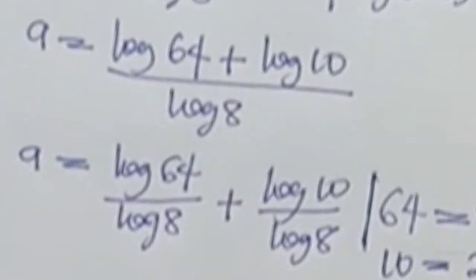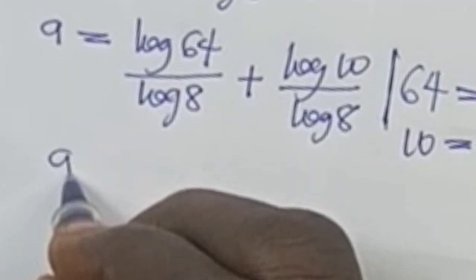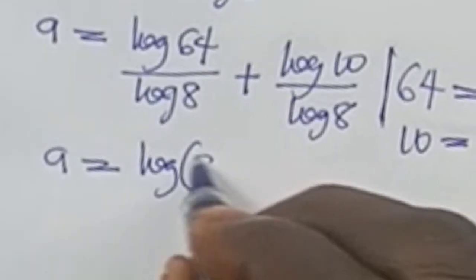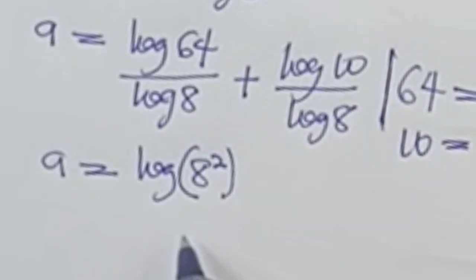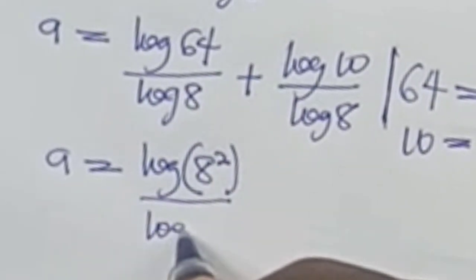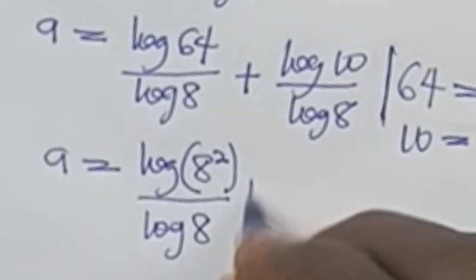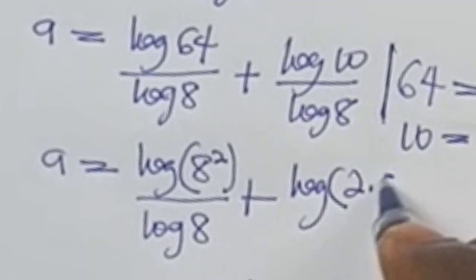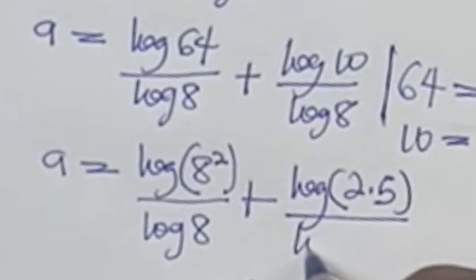Also 10 can be split into 2 times 5. So the next line becomes a equals log 8 to the power of 2 all over log 8 plus log 2 times 5 all over log 8.